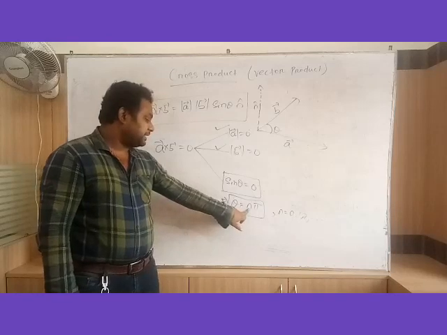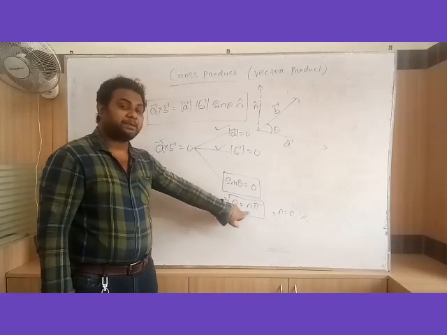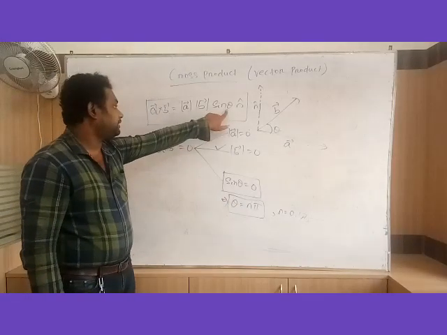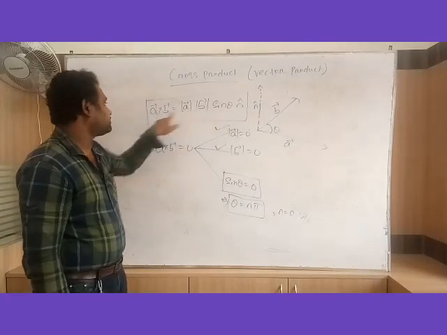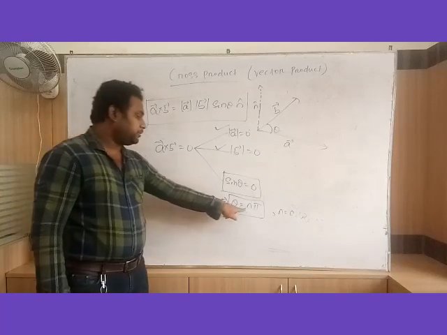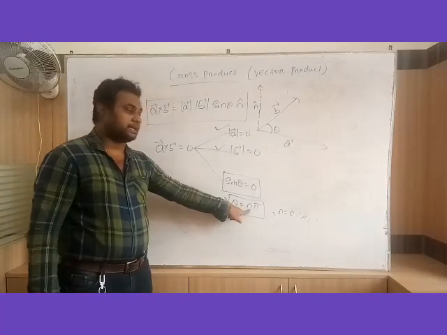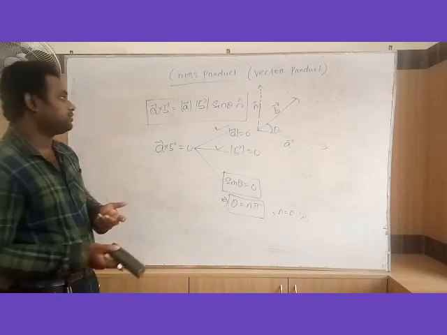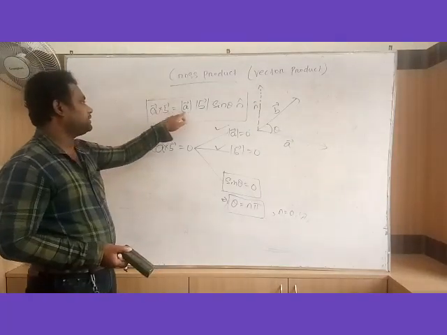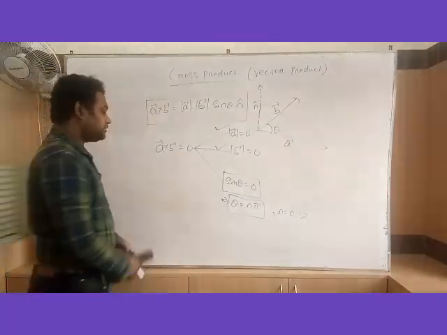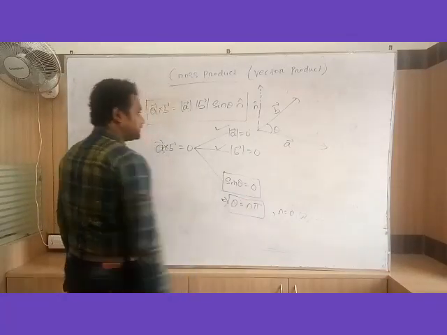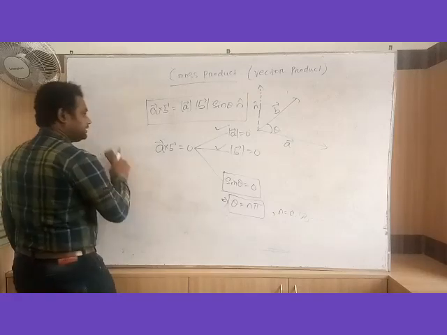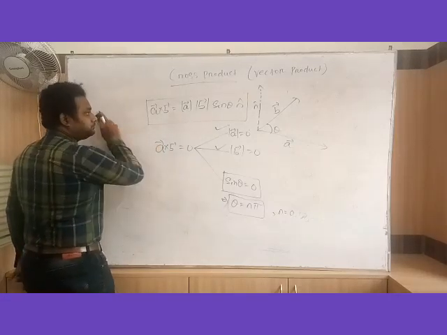If n equals 0, then theta is 0, sin 0 is 0, so A cross B becomes 0. If n equals 1, then theta equals pi, and sin pi is also 0, so A cross B is also 0. So the general formula is theta equals n pi. Pause and note it down.